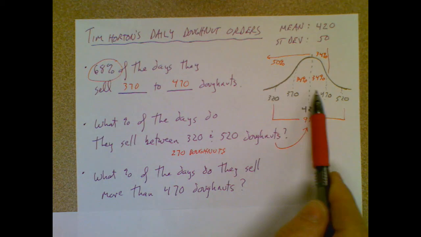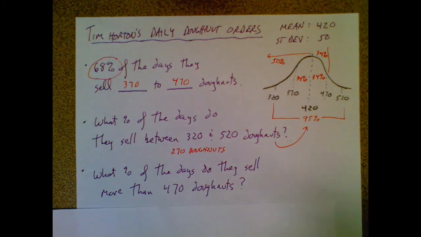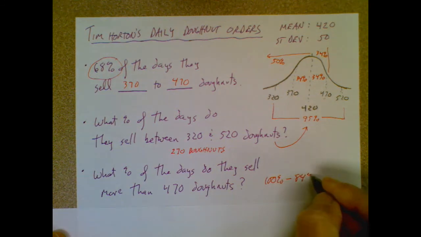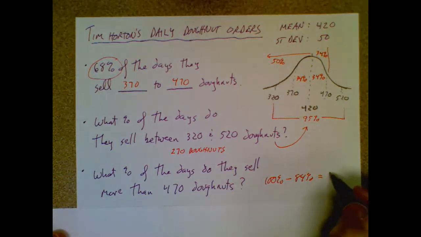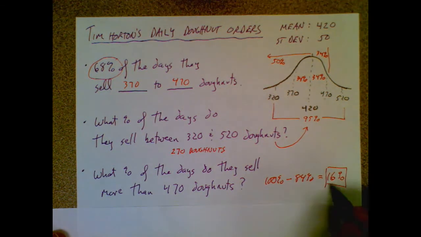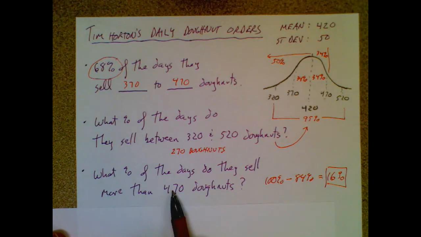If 84% of the time is fewer than 470, then we can do the math. 100% of the time minus the 84% of the time that they have fewer than 470 donuts leaves me 16% of the time that they sell more than 470 donuts.